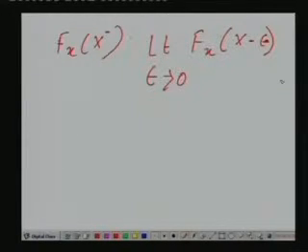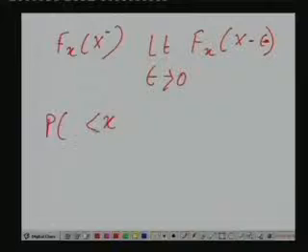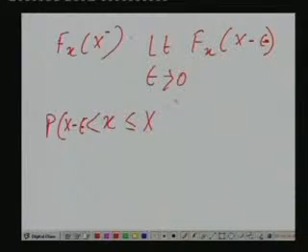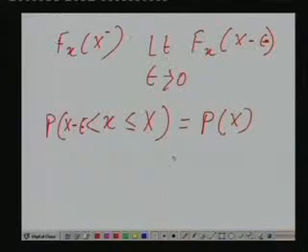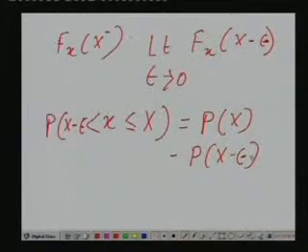Now see one interesting thing, that using the just previous theorem, we can always write this thing, that P of this is equal to this.